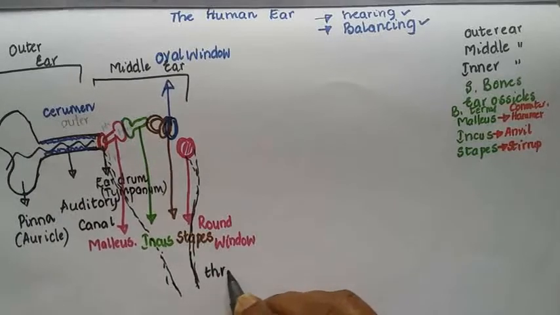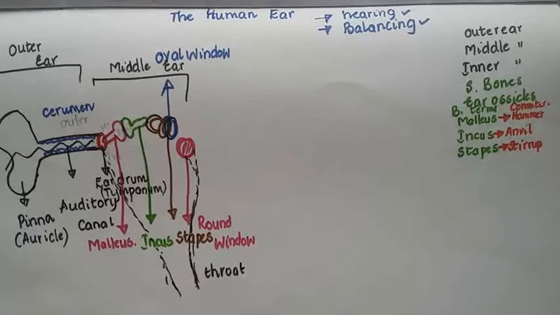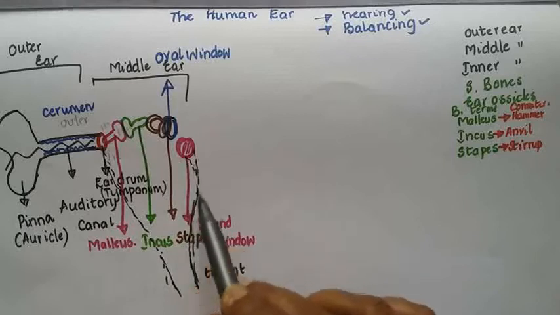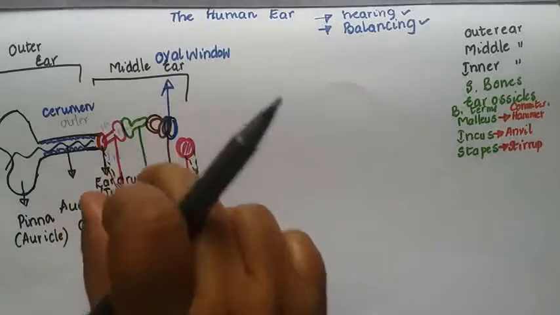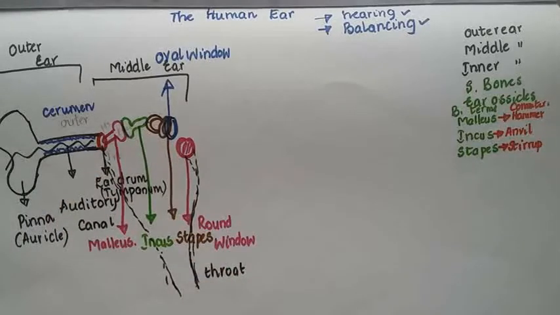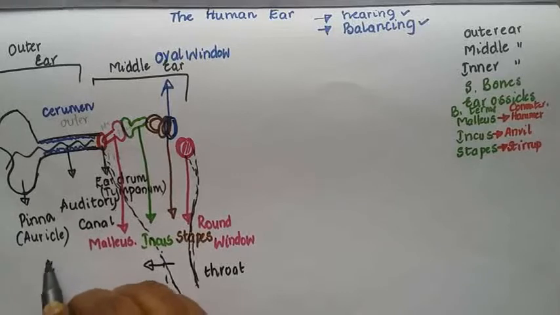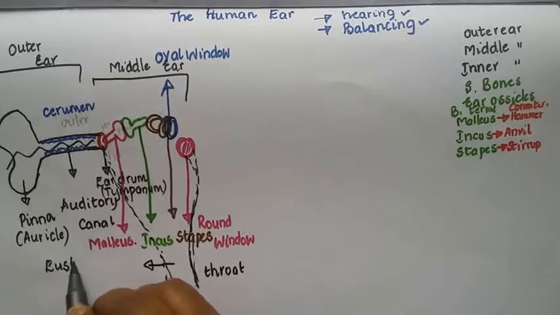So this is a passage or a tube-like structure which connects our middle ear to the throat. And what do we call this structure? This structure is known as the Eustachian tube.